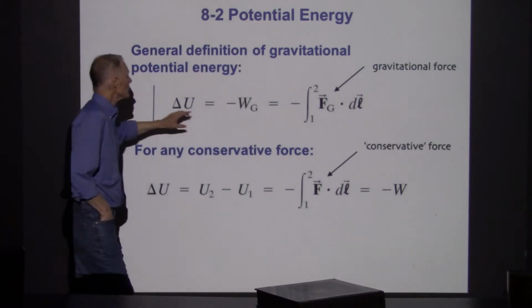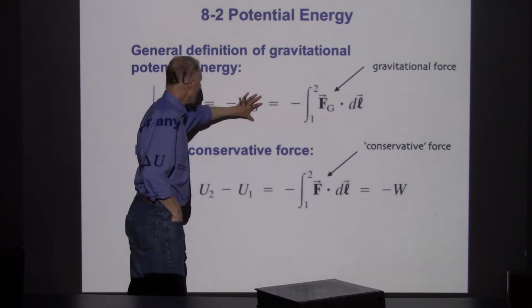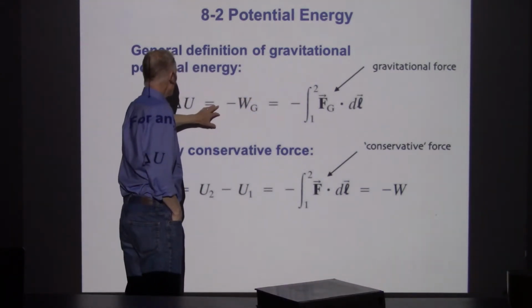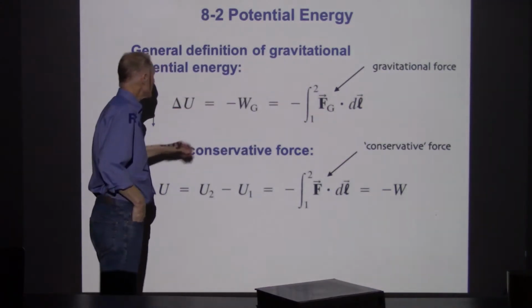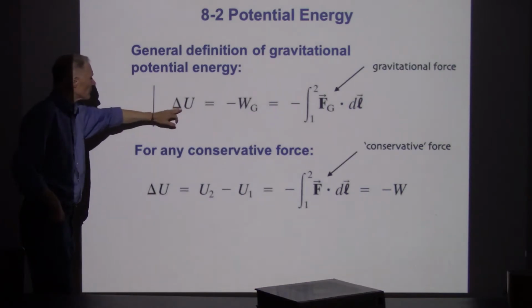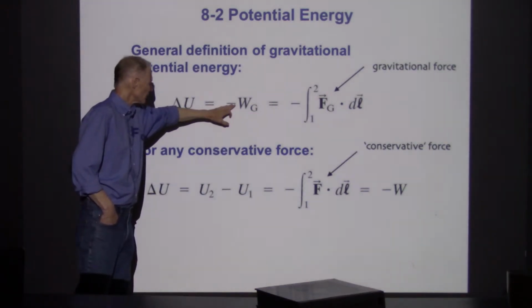So there's work being done by gravity, and when work is being done by gravity, the potential energy is dropping. So when something is dropping, the potential energy is decreasing.